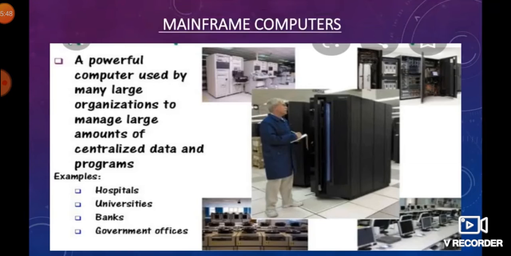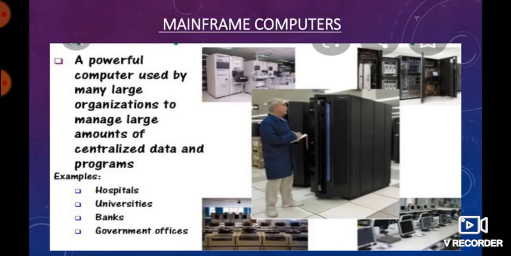Next digital computer is the mainframe computer. Mainframe computers, in comparison to supercomputers, are less powerful, but compared to the others, these are the second most powerful computers, and they are used for many difficult tasks like weather forecasting.